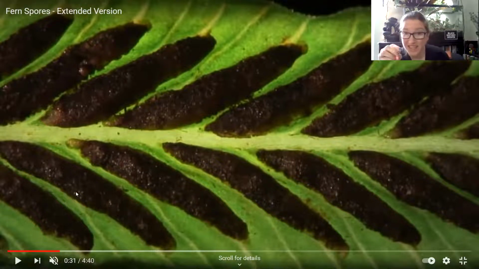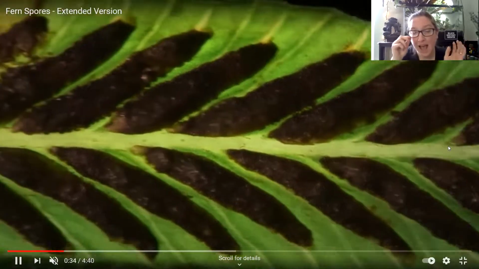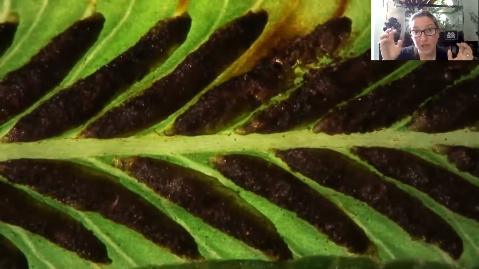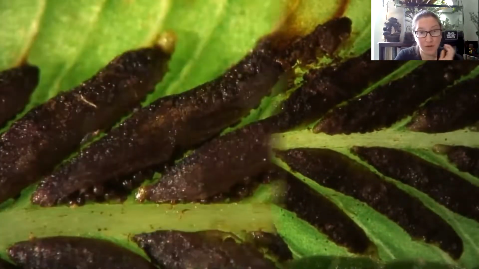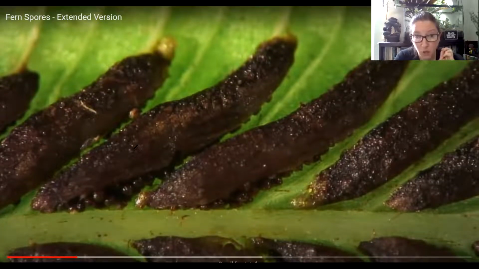And so what we're gonna see here in real time is as the conditions get drier, the indusium, oh, and this one is covered here. Look, I'll show you right here. Remember, this whole banana slug thing is one sorus, right?